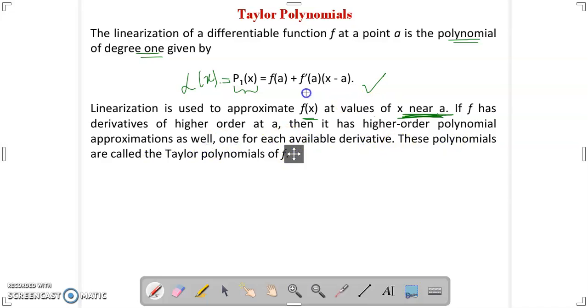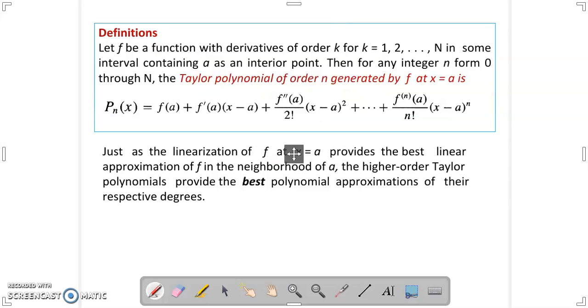This is a polynomial of degree 1, and these polynomials are called Taylor polynomials of the function. So now we are going to define Taylor polynomials, and you see that P1 of x is basically this only. Let us see how Taylor polynomials are defined.